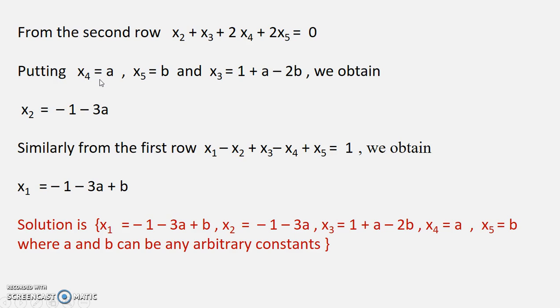Now putting this value, you can find the value of x2 by putting x3, x4 and x5. Similarly, from the first row, you can find x1. Okay, so we get x1, x2, x3 and x4 in terms of A and B, where A and B can take any arbitrary value. So this is again an infinite solution case.